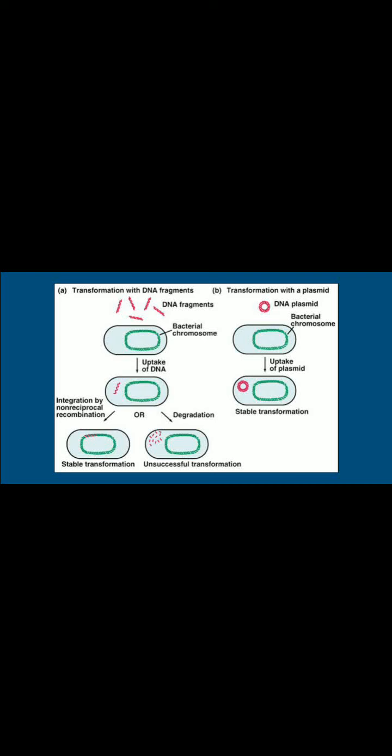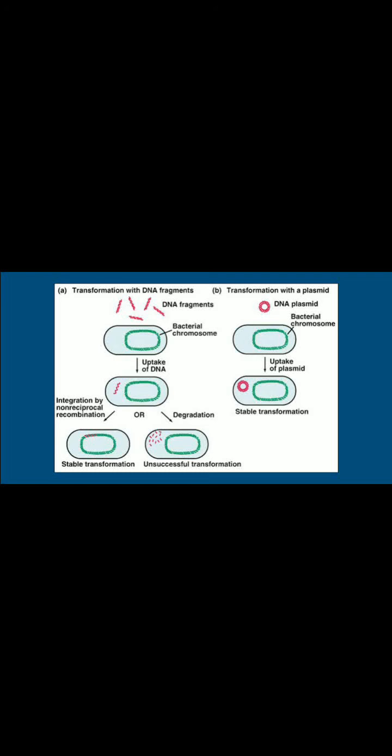The bacterial cell will take the DNA fragment, which will either integrate with the bacterial chromosome or be degraded. When it is integrated into the bacterial chromosome, it is known as stable transformation, and when it is degraded, then it is known as unsuccessful transformation.